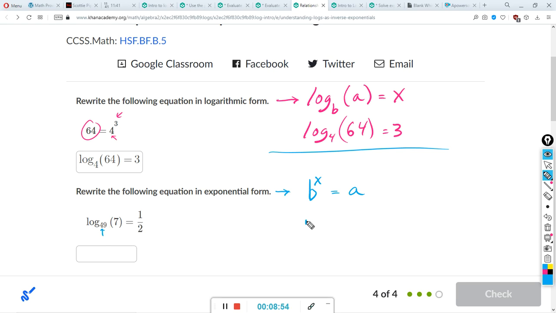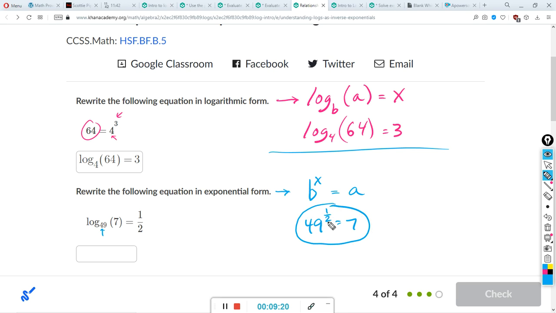So we're going to start with a 49. And remember, the exponent is the number to the right of the equal sign when you take the log of something. So the 1/2 is the exponent. And the argument a is the number in parentheses, that's 7. So that's your answer.